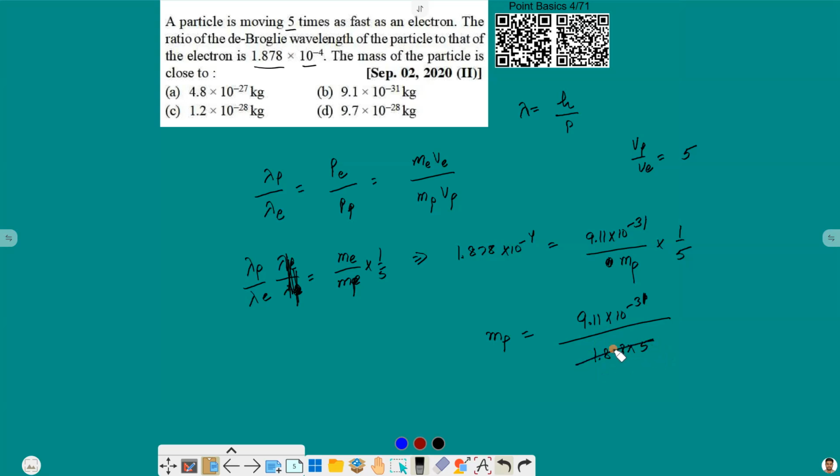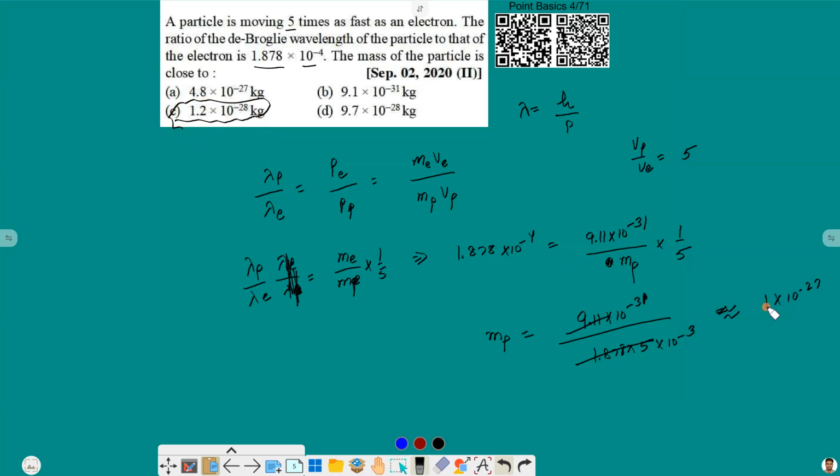So I can cancel this out. And I forgot 10 to the power minus 3 here. So this will be approximately 1 into 10 to the power minus 27. And the nearby answer is 1.2 into 10 raised to power minus 28.